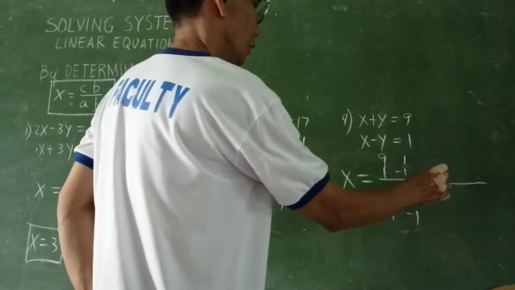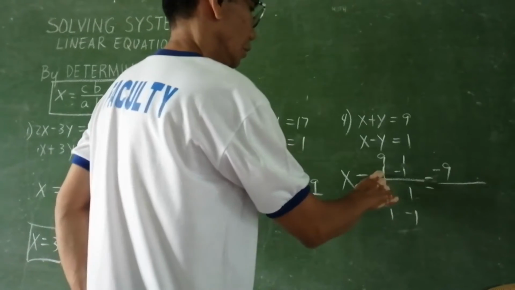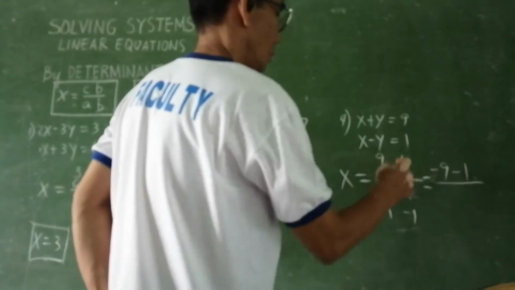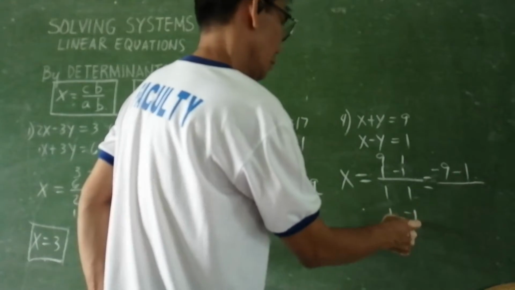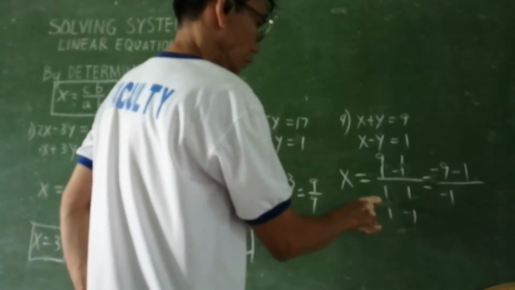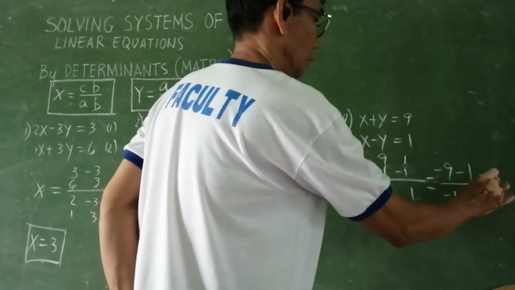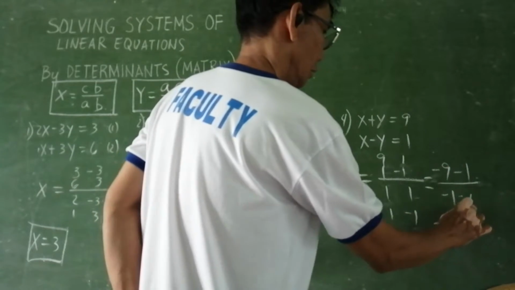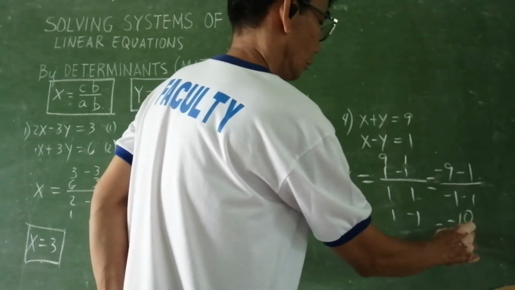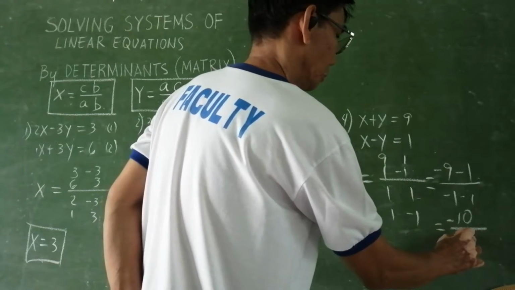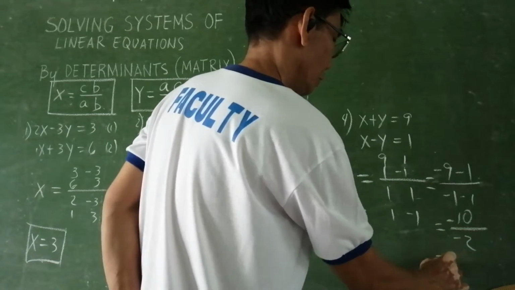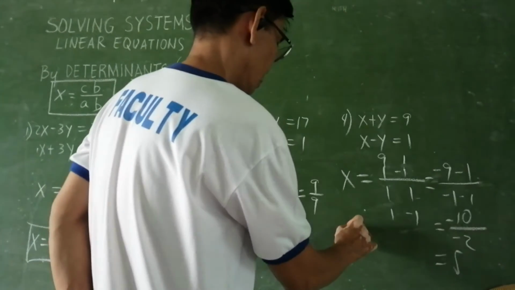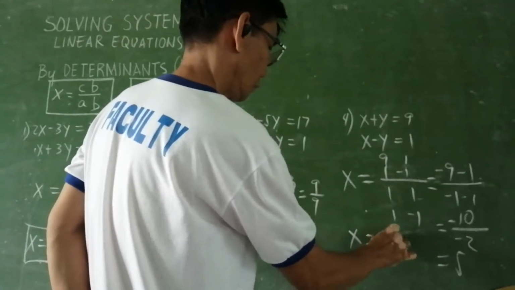So 9 times negative 1 is negative 9, minus 1, 1 times 1. 1 times negative 1 is negative 1, minus 1. So that is negative 10 over negative 2, or simply that is 5. So x will be equal to 5.